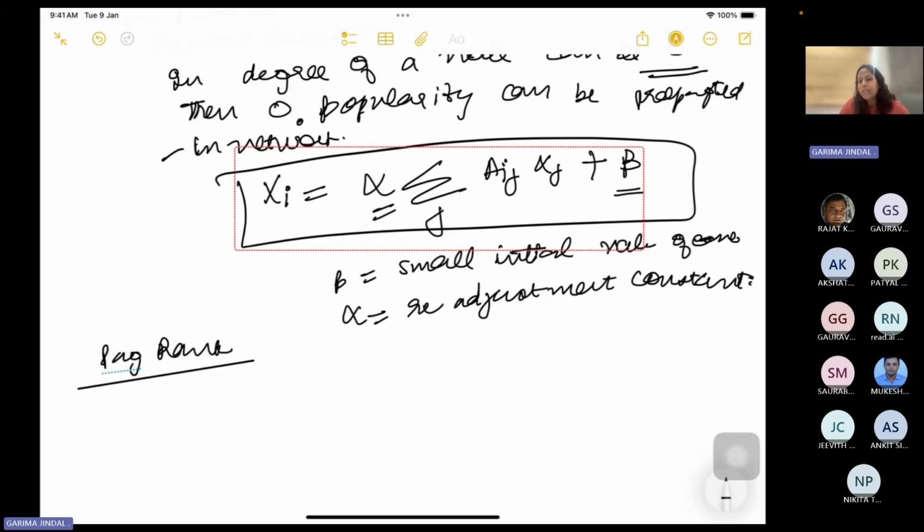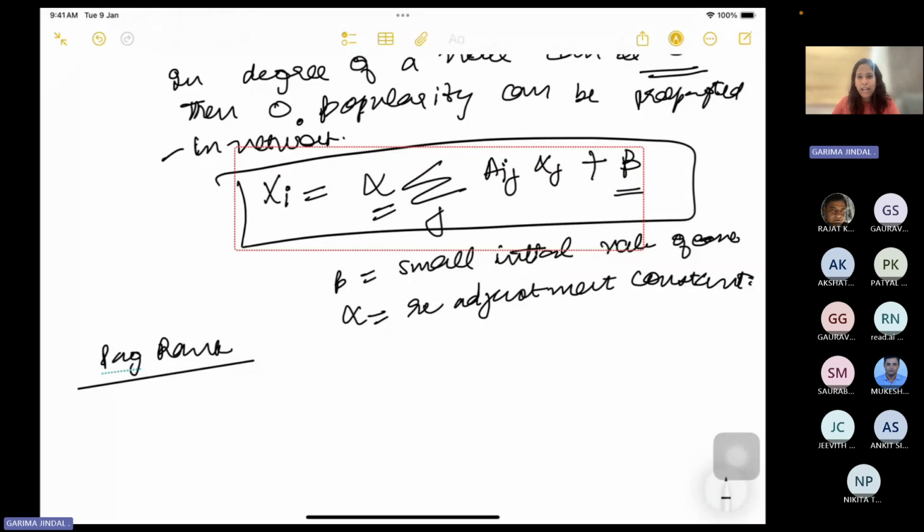So whatever pages you see, the algorithm behind it is the calculation of eigenvector centrality. Okay. So now we will see what the formula for the PageRank algorithm is.